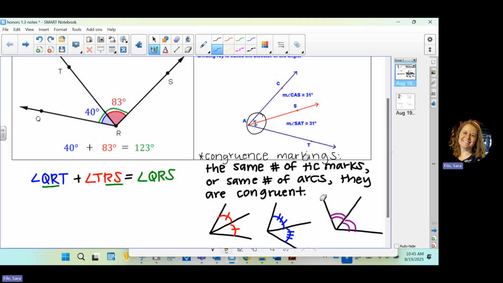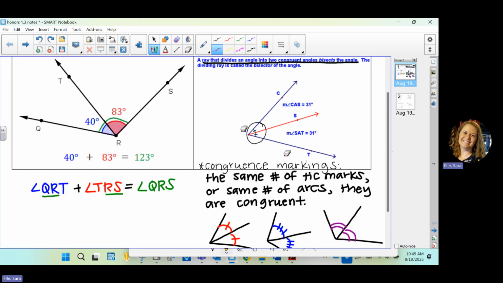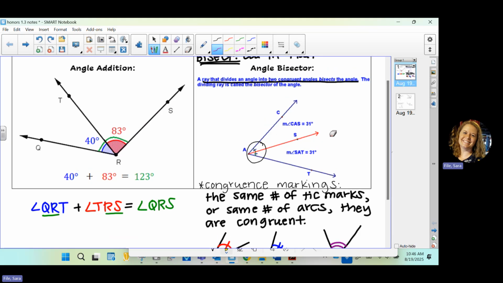So in this image up here, they have ray AS is bisecting angle CAT. So ray AS is the angle bisector. That's the term for that ray or segment or line. In this case, it's a ray, but it can be other figures that actually cuts the angle in half. It's called the angle bisector.